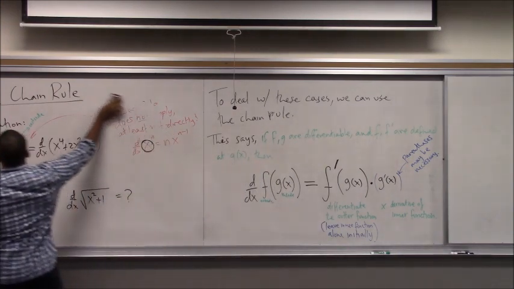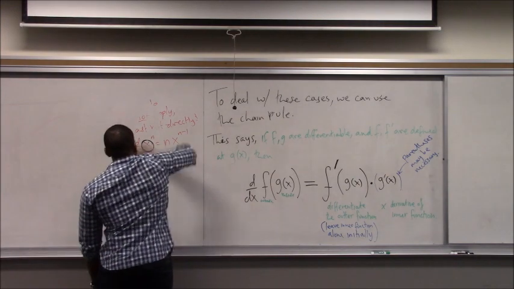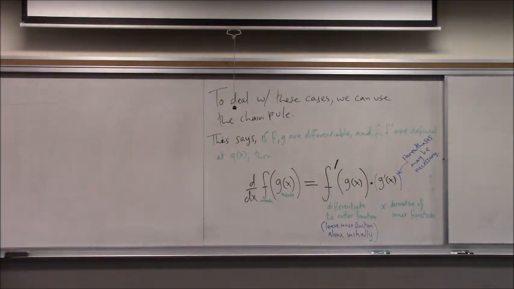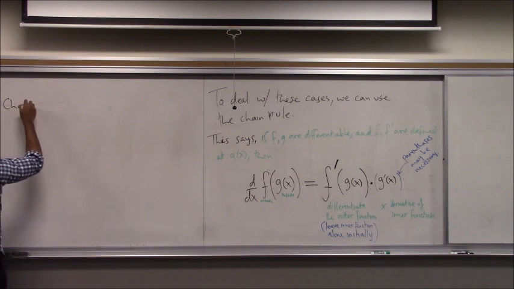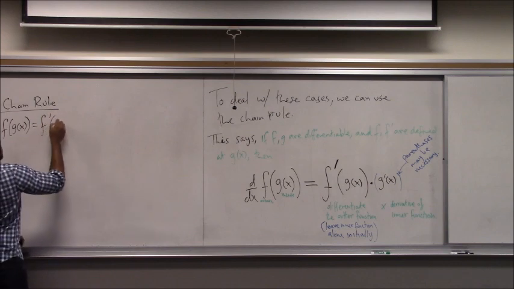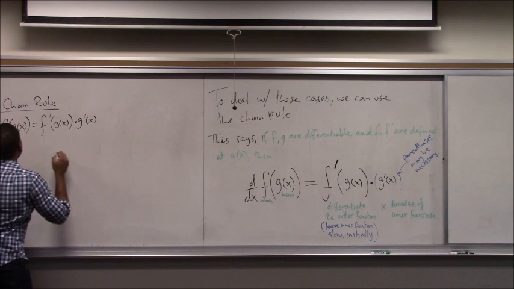So I kind of marked that up. Let me write it down clearer here. There's something called the chain rule, and this is now something else that we have to memorize. It says that the derivative of f of g of x is f prime at g of x times g prime of x.